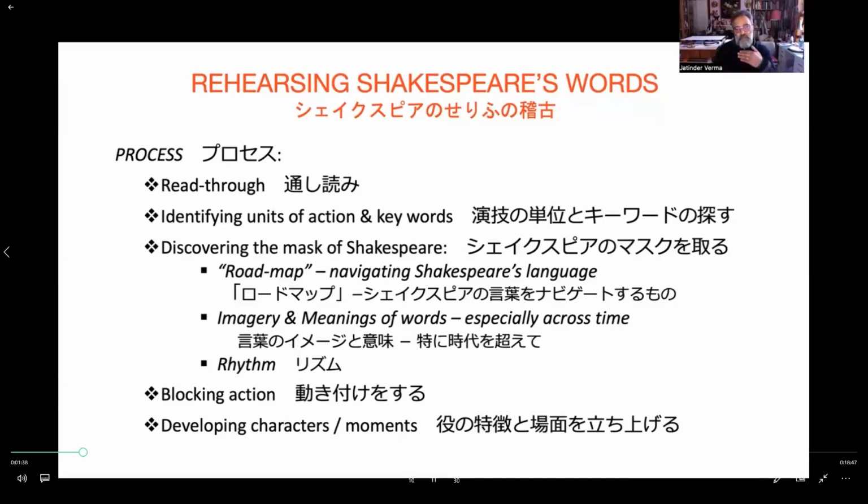This then helps to begin to look at the next stage, which is to try and discover what is the mask of Shakespeare. What I mean by the mask is that certainly Shakespeare in English has a very clear structure.